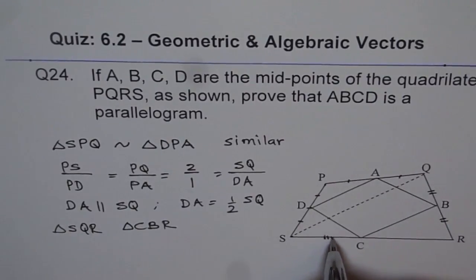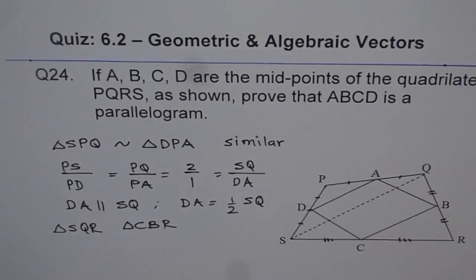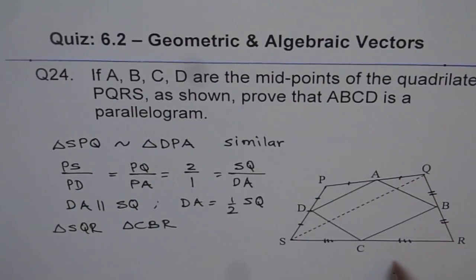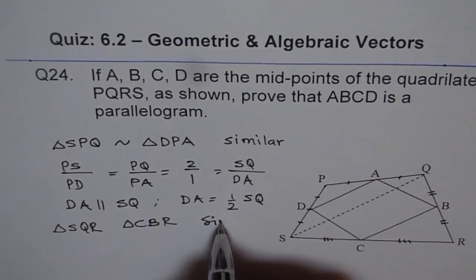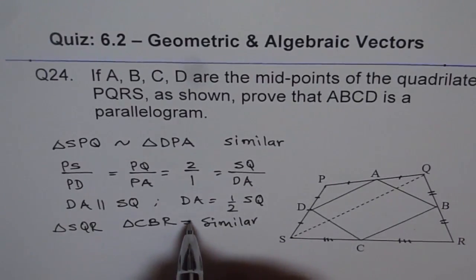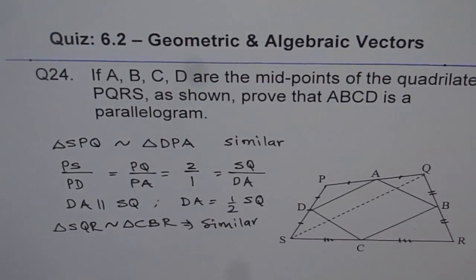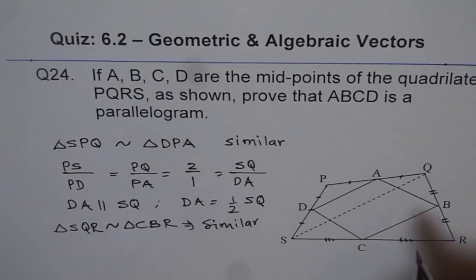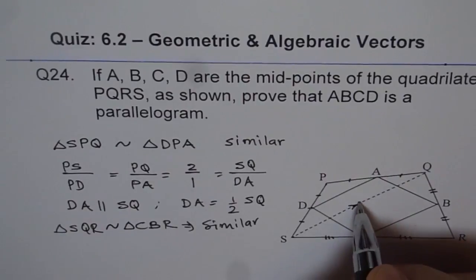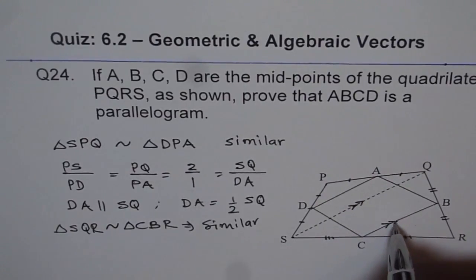Similarly, these sides are also equal. So again, from here we can show that these two triangles, the big one and the smaller one, are similar. You can fill in all the steps. Once they are similar, we know that this side is parallel to this side also.